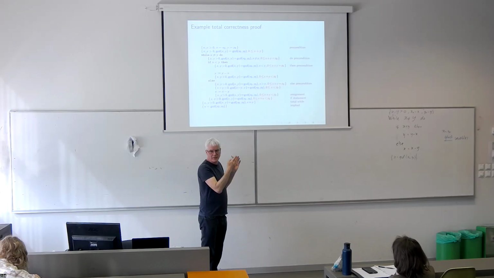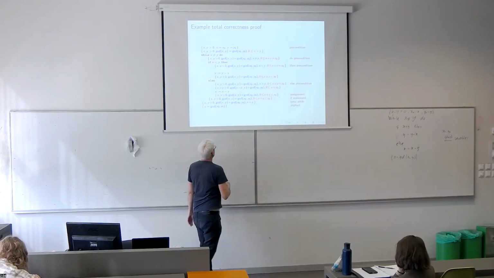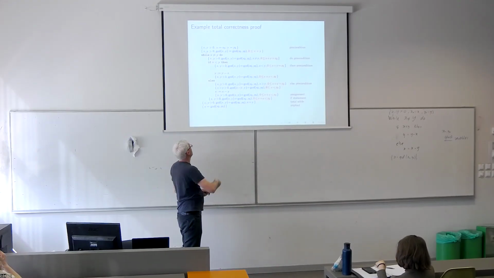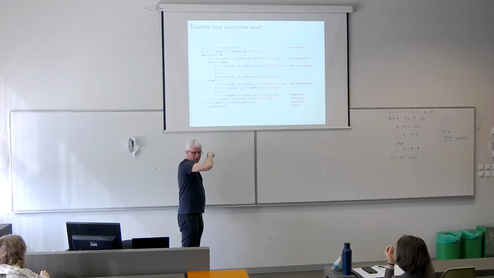So every statement is local to where it's stated in the program. So we're always saying this property holds at this point in the execution. So you imagine you're executing the program line by line, and in the while loop you might go round the loop many times.